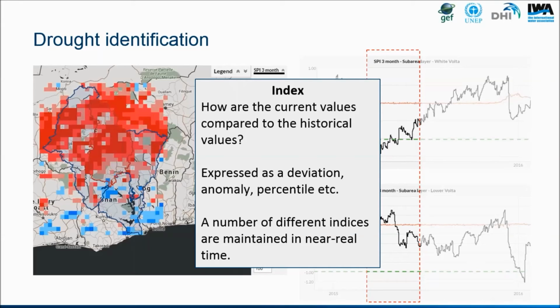We are both using indices based on single parameters like vegetation or rainfall, but we're also looking very much into combined or integrated indices, which combine different data sources into a drought assessment or drought status. And the focus moving forward in this project will very much be to evaluate these different types of drought indices in different locations and also connected to different decisions.